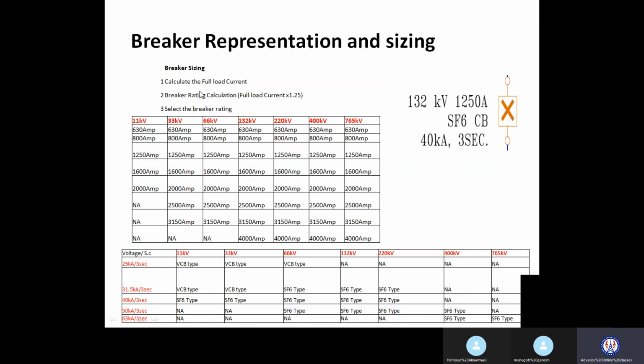First you calculate the full load current. How do you calculate it? Power divided by √3 into voltage. Your feeder power rating is 100 megawatt.